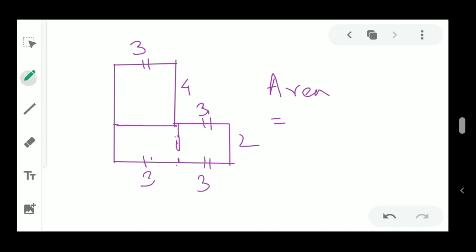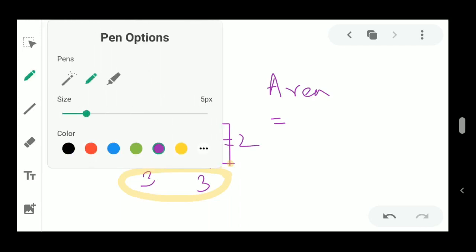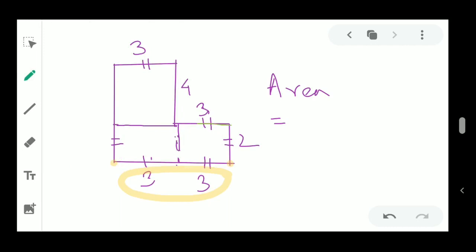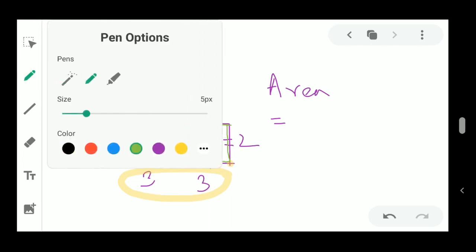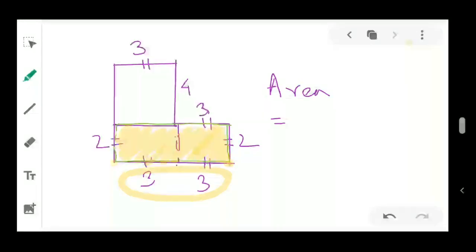So the total on this side is now 6, 3 plus 3, so the total length from this point to this point is 6 now. In the same manner this side too will be same with this side, because this whole thing is nothing but a rectangle, right? Sorry, we are talking about area.